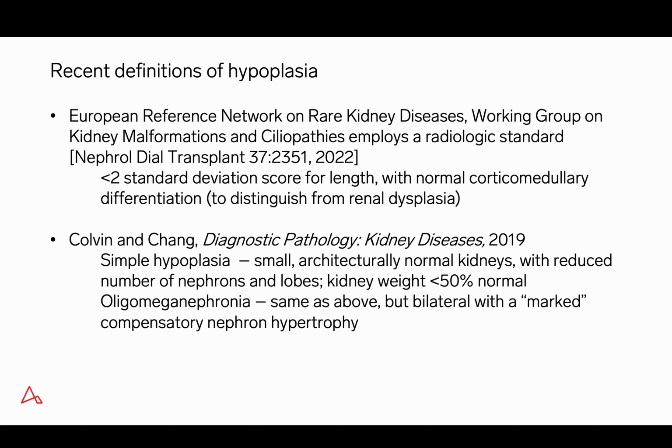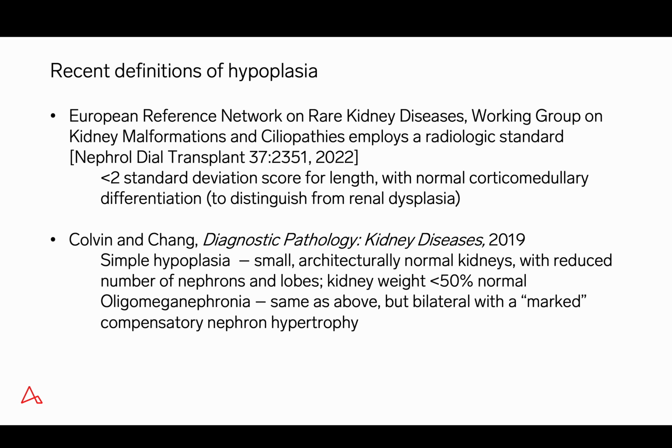The European Network on Rare Kidney Disease employs a radiographic definition of a kidney being less than 2 standard deviation score for length with normal corticomedullary differentiation. It's important for normal corticomedullary differentiation to be present to distinguish it from renal dysplasia.